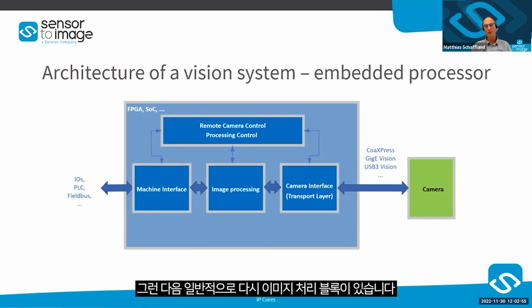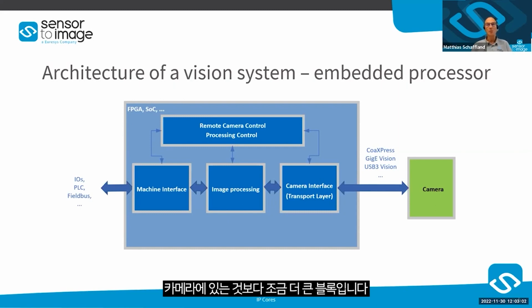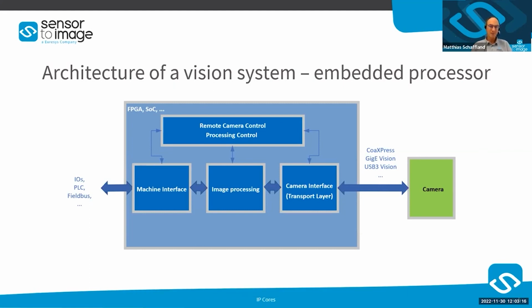Then you typically have, again, an image processing block, which is a little bit more than what you have in the camera. Here you do real image processing, analysis, AI, whatever you want to do. And the result is then used by the control unit and the machine interface to communicate with external systems.